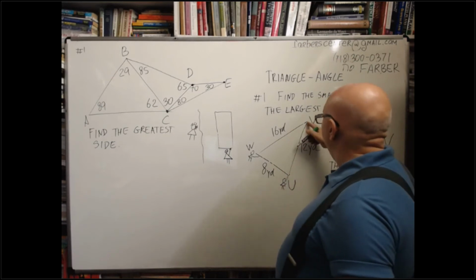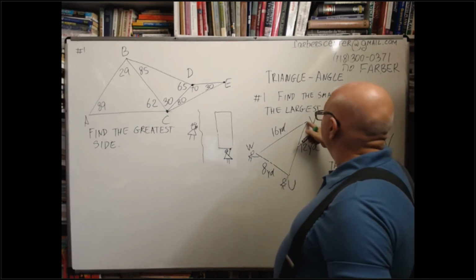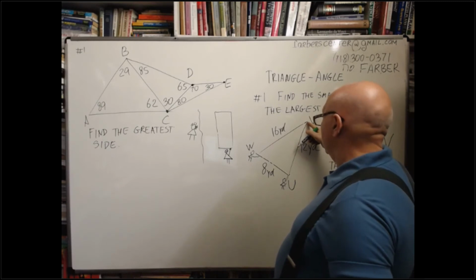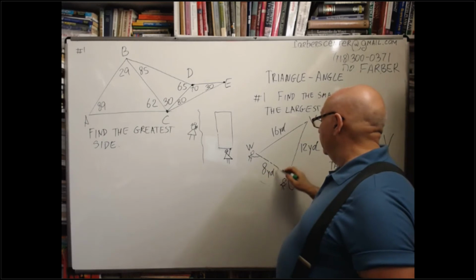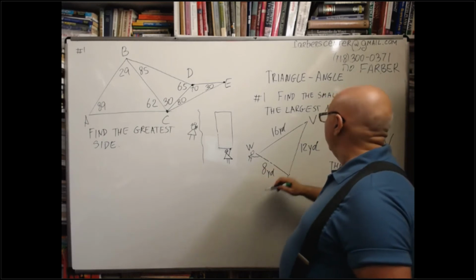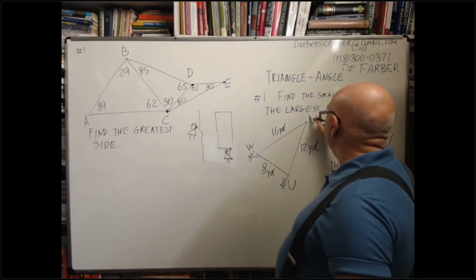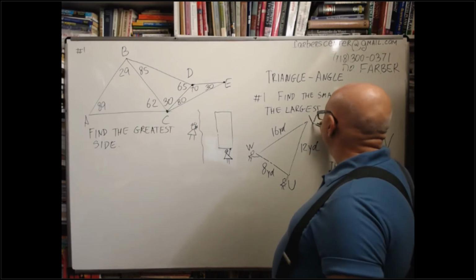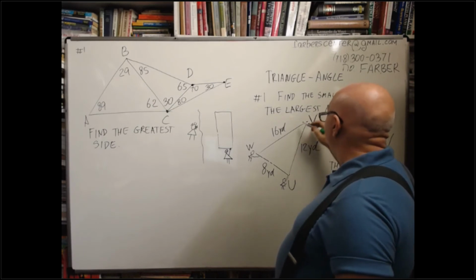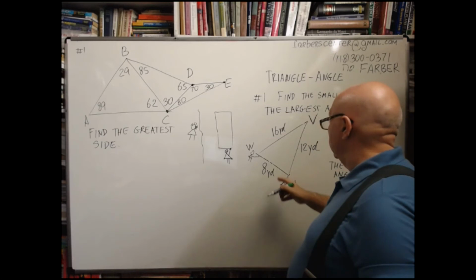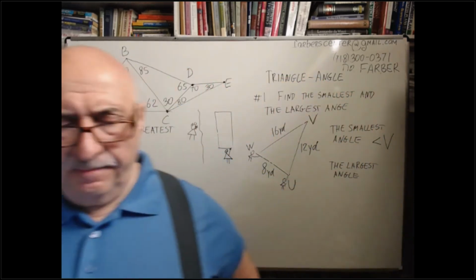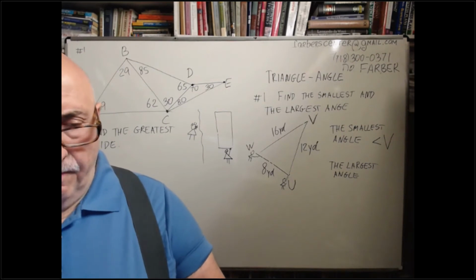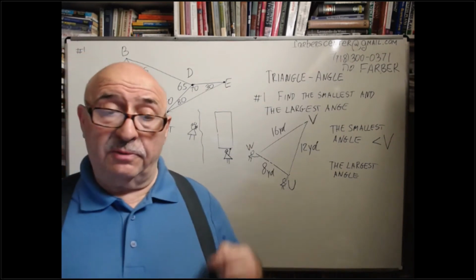But V is very far from this place, opposite. So your algorithm is to find the smallest side and find angle V, which is opposite to this side. So far, so good? Let me continue, then ask me questions.